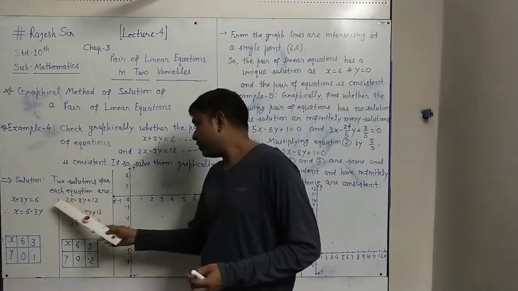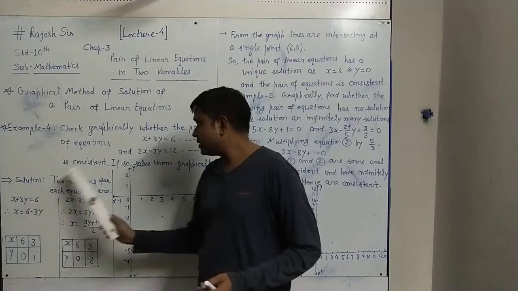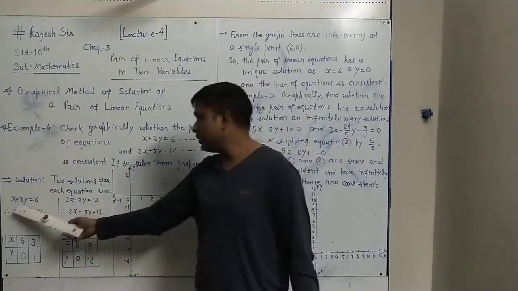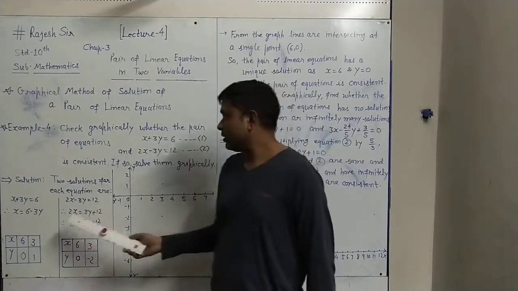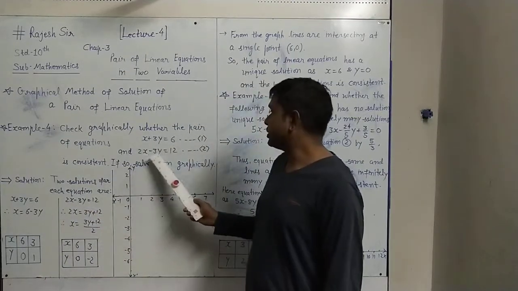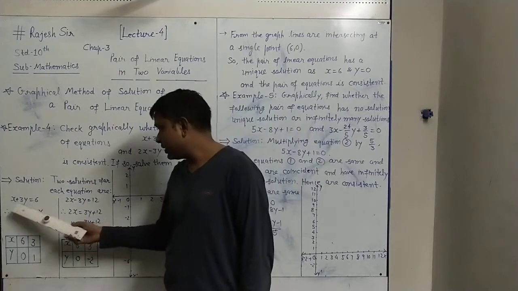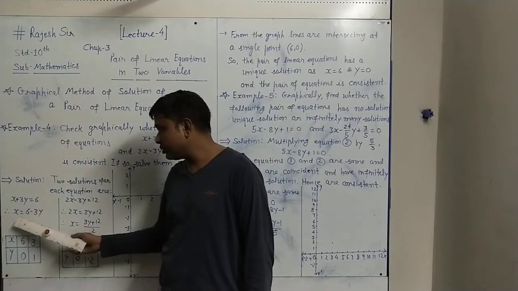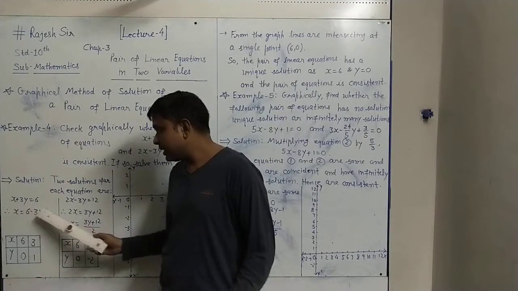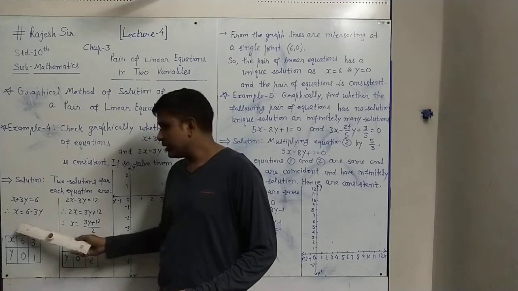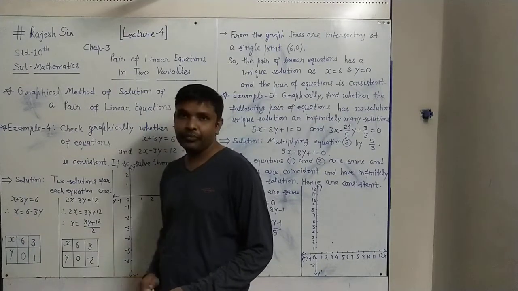So for the first equation, x plus 3y equal to 6, and the second equation, 2x minus 3y equal to 12. The first equation x plus 3y equal to 6 can be written as x equal to 6 minus 3y.